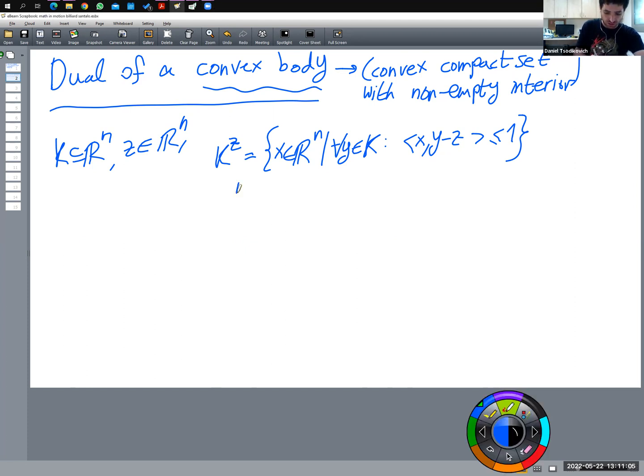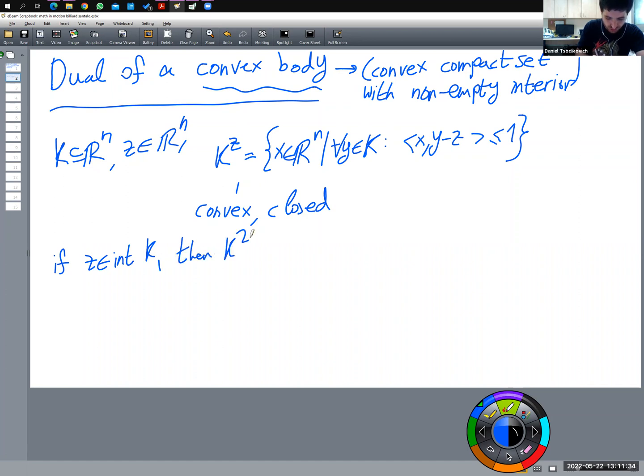And this is always convex and closed, because it's the intersection of closed half spaces. And if Z is in the interior of K, then the dual is also a convex body, which will have zero in its interior.